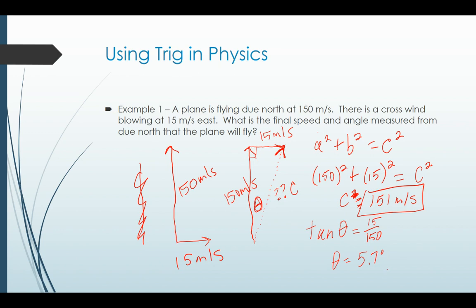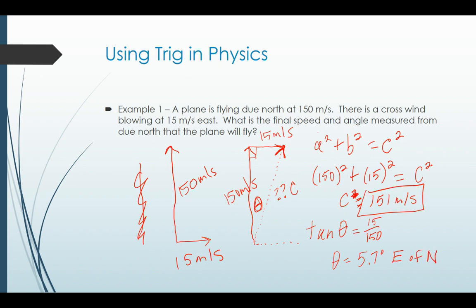And then we don't like to just put an angle, because 5.7 degrees is not a degree measured from the normal. Like this direction right here would be where we would normally measure 5.7 degrees. So we are going to be very specific. This is 5.7 degrees east of north.